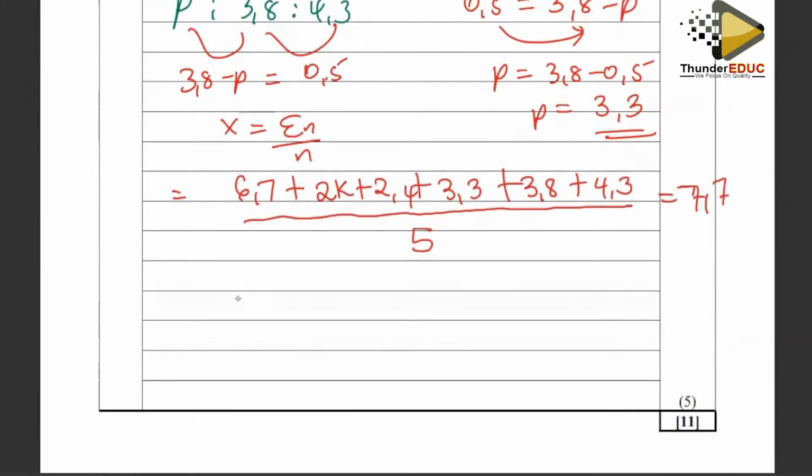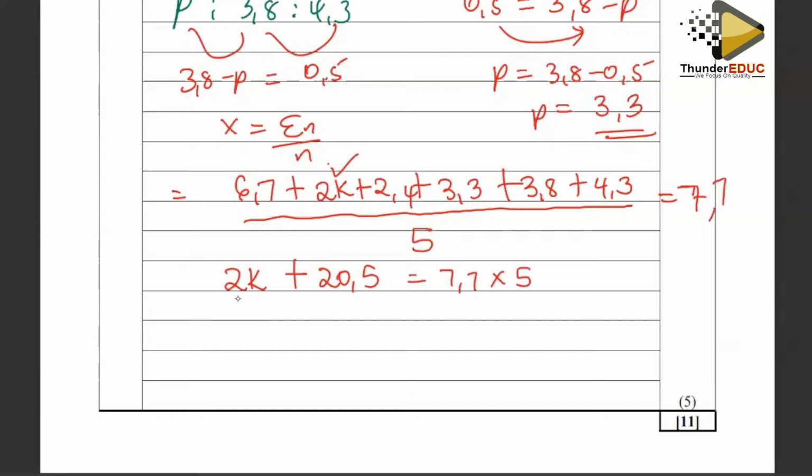Okay, so let me simplify my decimals and like terms. So this is 2K plus, when I add up all the other things, 20,5. This is going to be the same as 7,7.